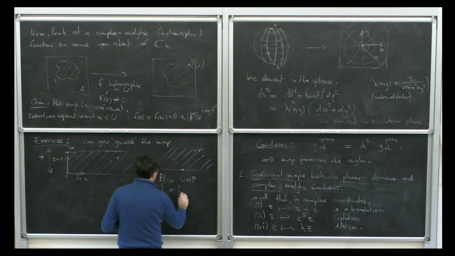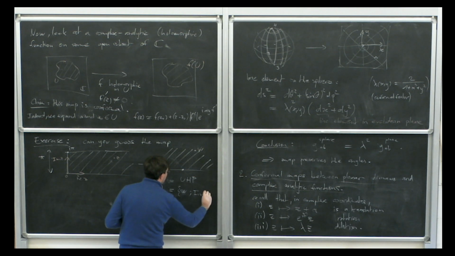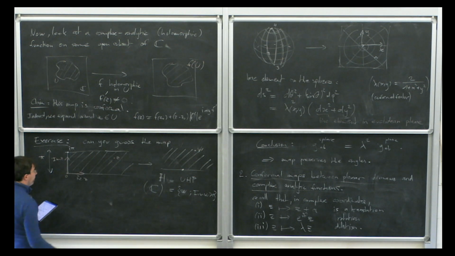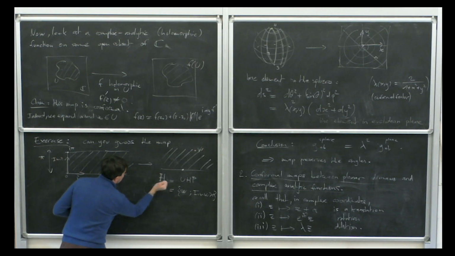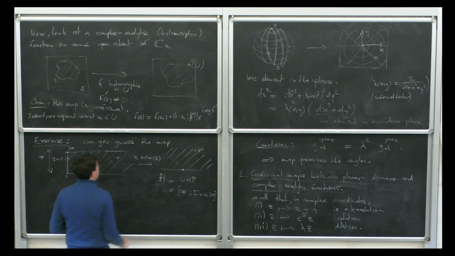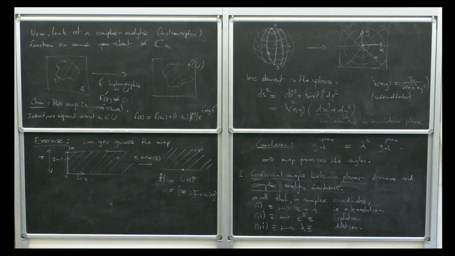This is the set of points Z or W here, such that the imaginary part of W is positive. So what's this map? We want the map Z maps to W of Z. What is W of Z? So any guesses? So I heard it.